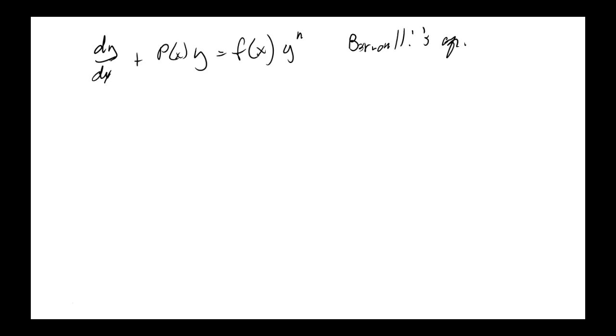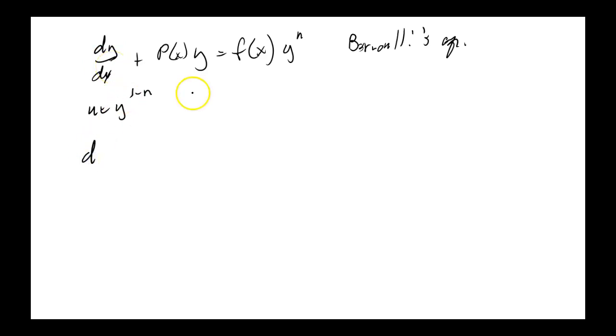But if n is not equal to 0 and not equal to 1, here is the substitution you would use. u is equal to y to the 1 minus n. Okay? A different kind of substitution here. Now, if that is your substitution, then let's rewrite the first equation.